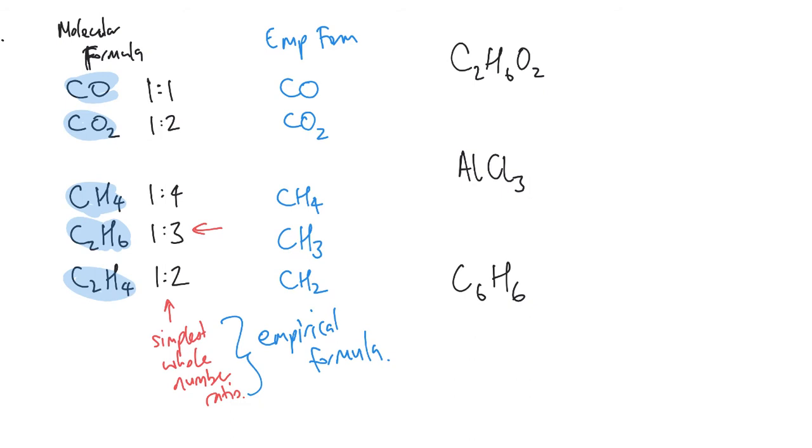Have a think. Write down what you think will be their empirical formulas. Don't look at the board once you've written down the questions. Don't look at the board until you want to check. Okay.